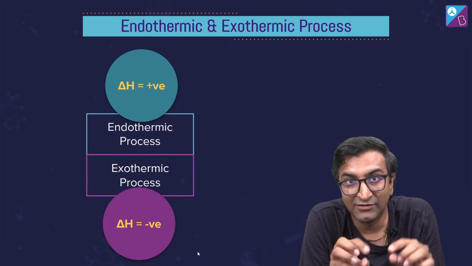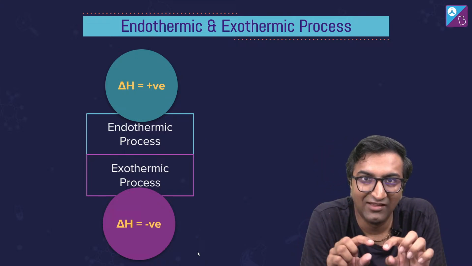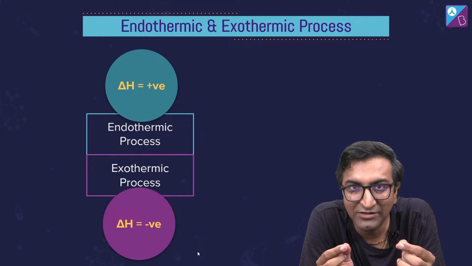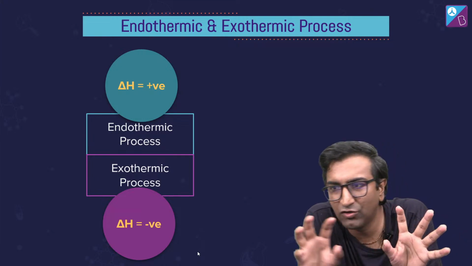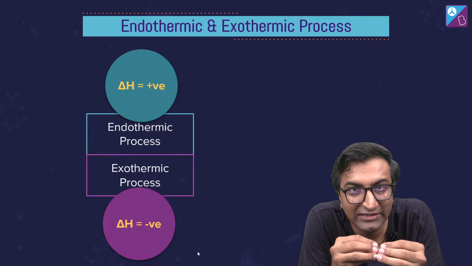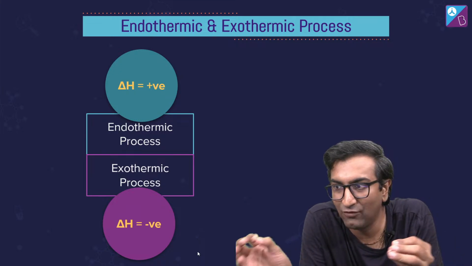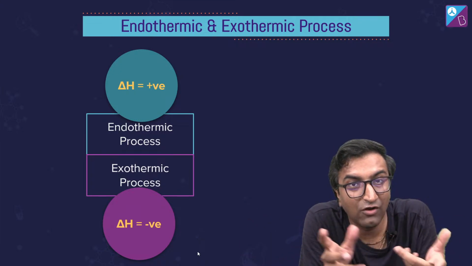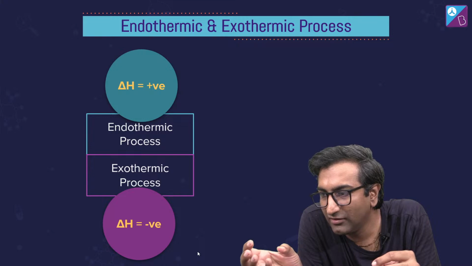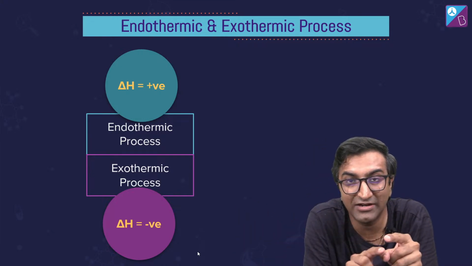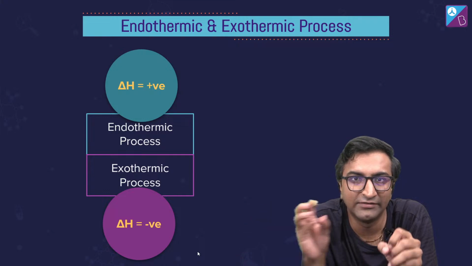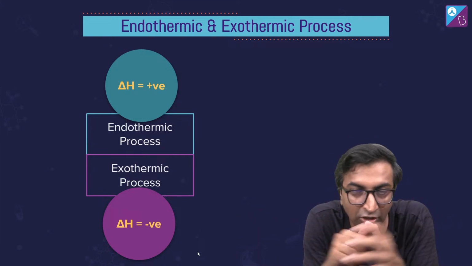मैंने बोला था कि system तुम ऐसा define करो कि it's only the reaction mixture, just C plus CO2 or just HCl molecules interacting with NaOH molecules, giving you NaCl and water and a lot of heat. How is that exothermic? That heat goes and heats up the surrounding, which is the water. Oh, so you measure that heat because of this system giving away heat. System can be just the molecules.